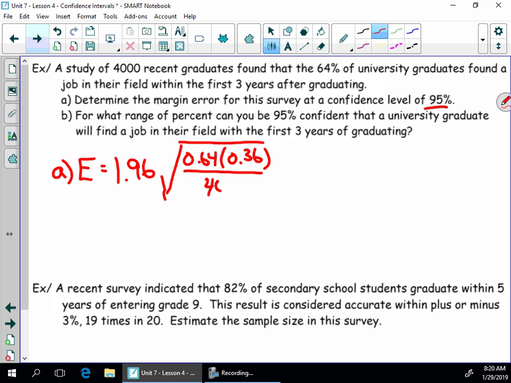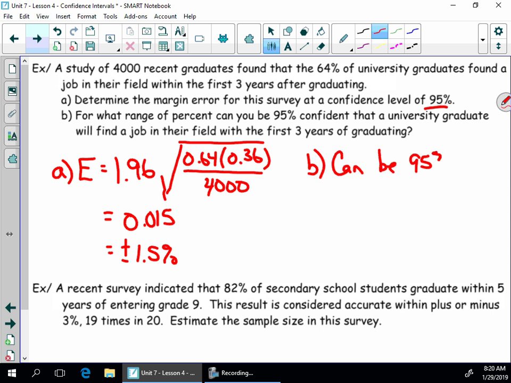And I talked to 4,000 people. Into my calculator, I'll get 0.015, or plus or minus 1.5%. Okay, part B, what range of percent can it be 95% confident of?